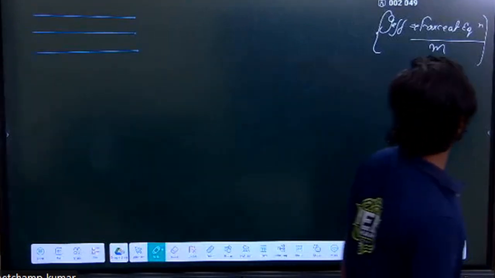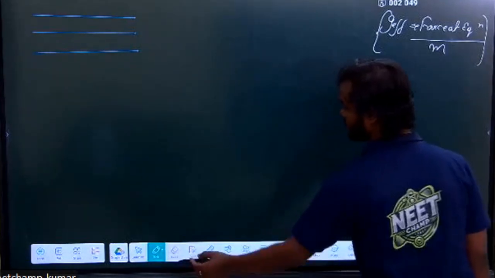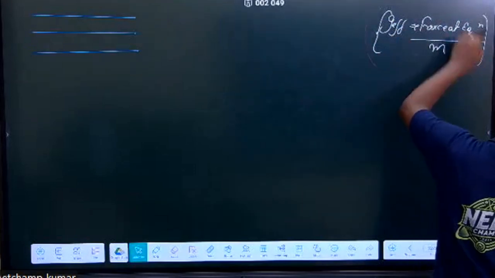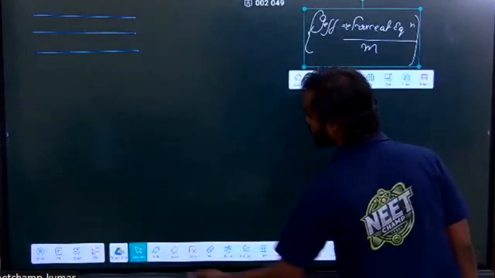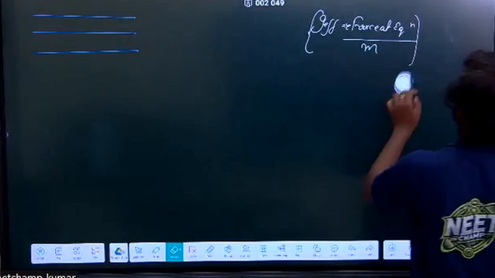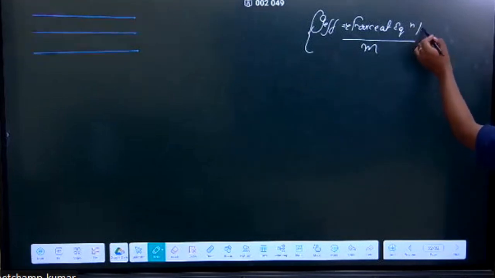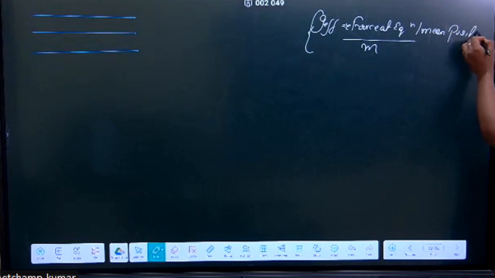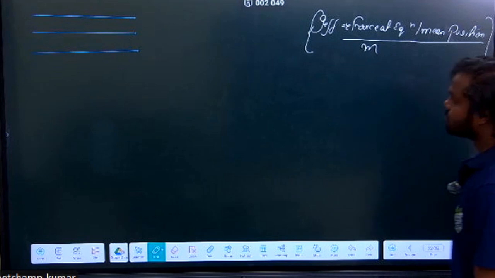Let me write both so that it will be easier for you to understand. G effective is the force at equilibrium, or mean position, divided by mass.